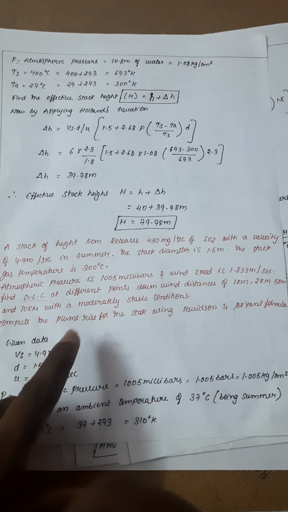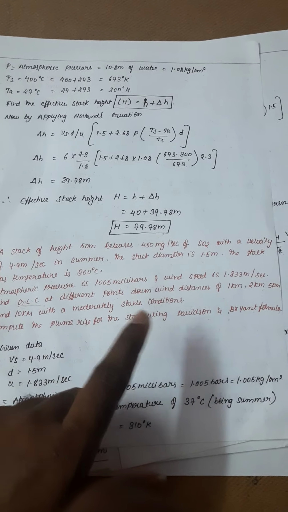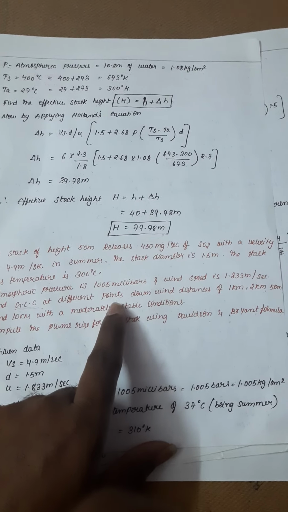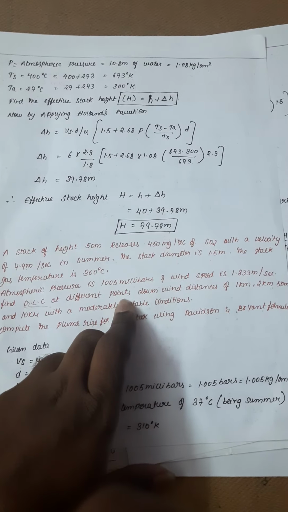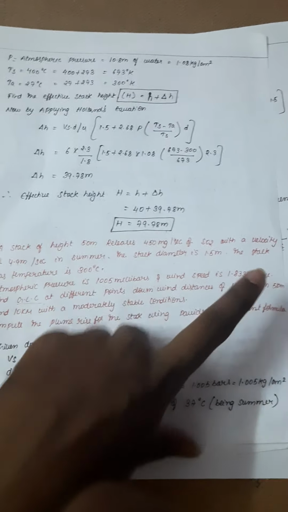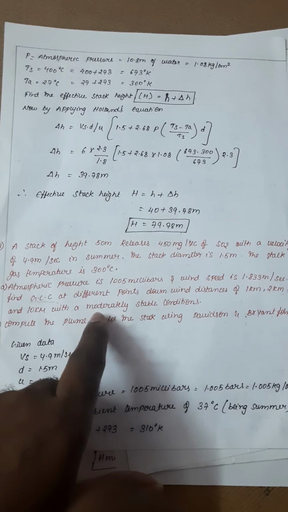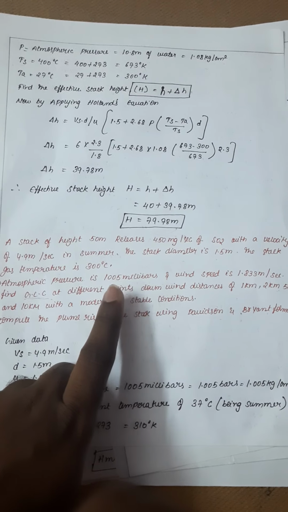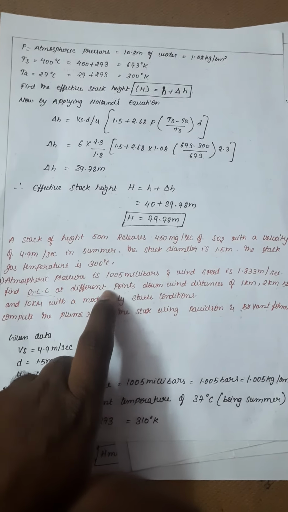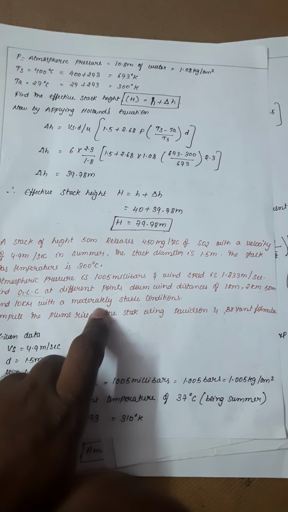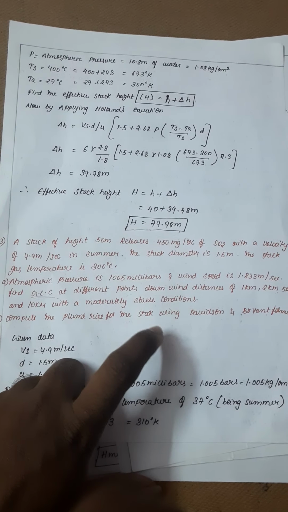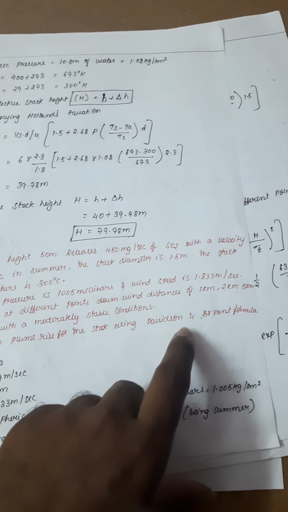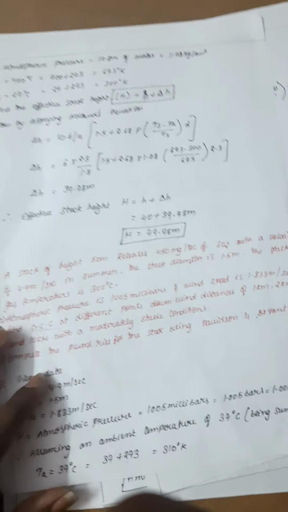Find the ground level concentration at different points: 1 kilometer, 2 kilometer, 5 kilometer and 10 kilometer with moderately stable conditions. According to the Gaussian dispersion model, we will get these values from the table for 1, 2, 5, 10. Then compute the plume rise with the stack using the Davidson and Bryant formula.